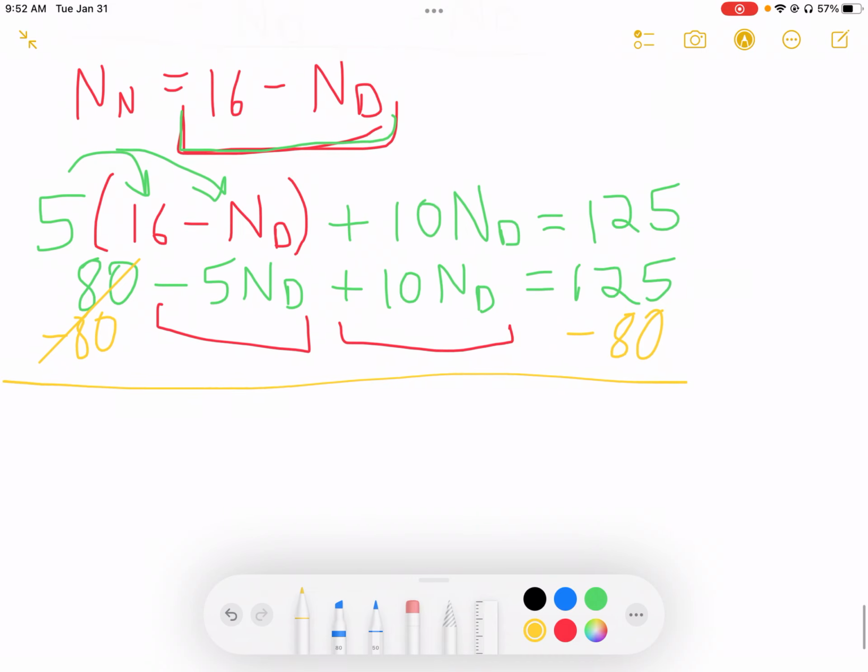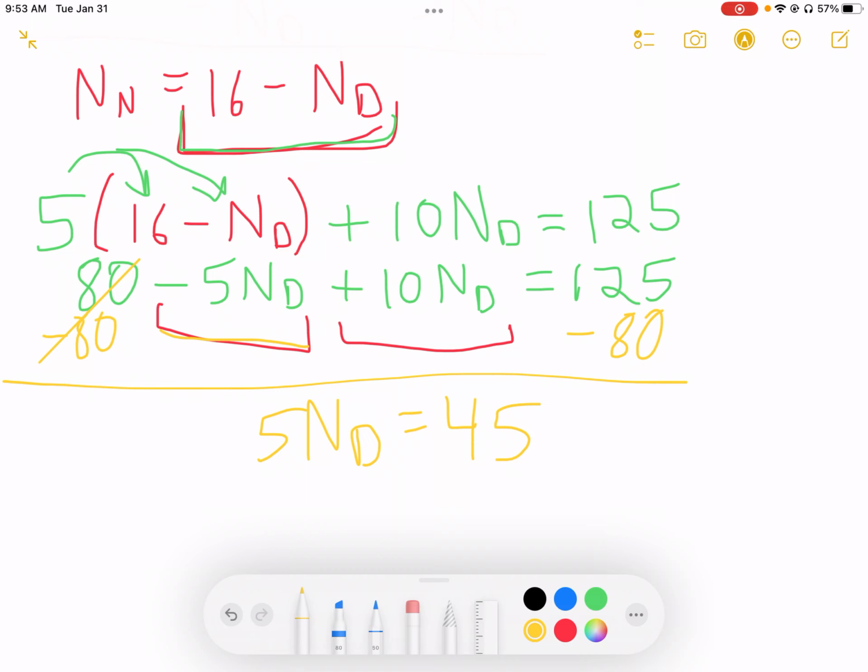If I have minus 5 ND and 10 of that, then I'm going to get 5 ND over here. And 125 minus 80 gives me 45.